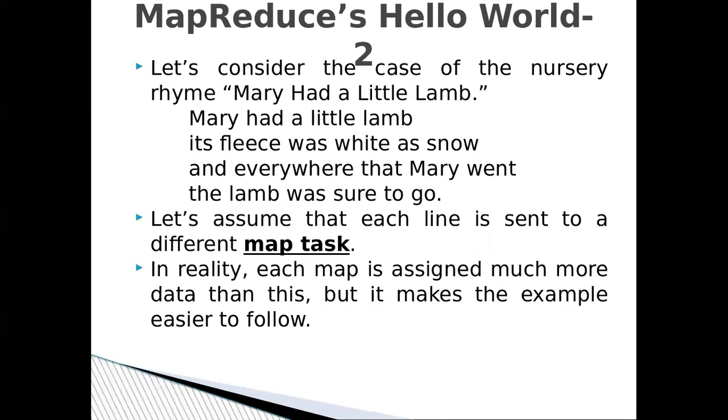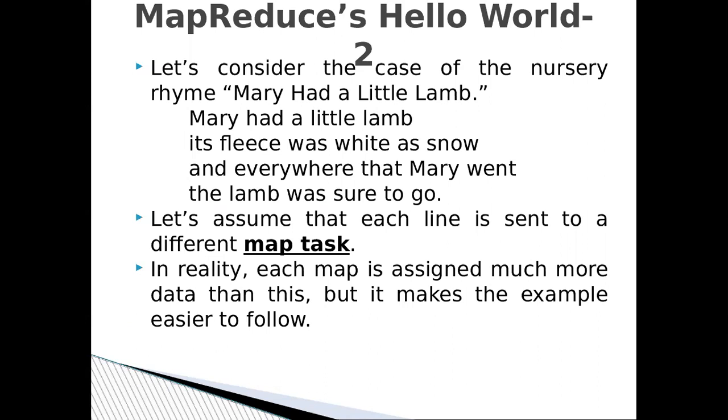Let's now consider an actual example. Let's suppose we have a file which contains the nursery rhyme, Mary had a little lamb. All of you in your childhood must have read this nursery rhyme. So let's suppose that this is our input file: Mary had a little lamb, its fleece was white as snow. You can see that there are 4 lines in this file.